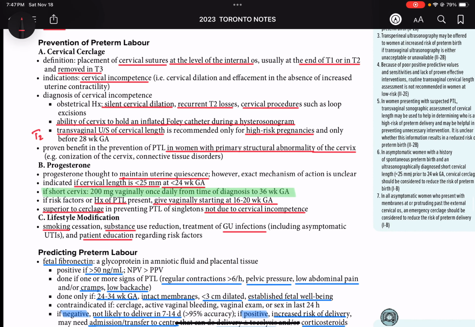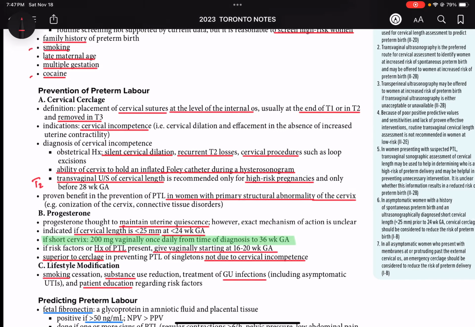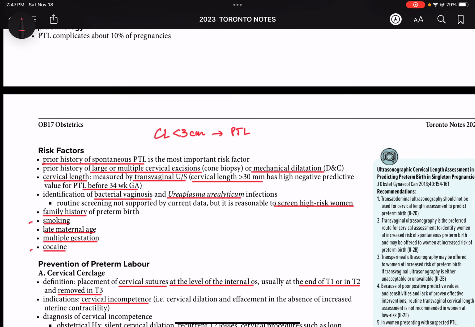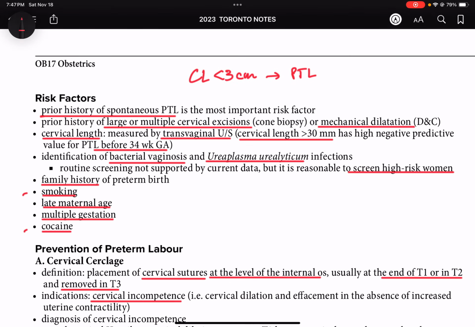Here is the prevention of preterm labor, maybe by cervical cerclage, giving progesterone, or some lifestyle modifications. So if we know that this patient has a history of spontaneous preterm labor, then we need to monitor that patient closely, and we need to start prevention of preterm labor earlier.